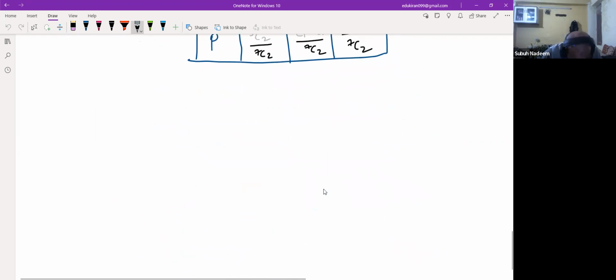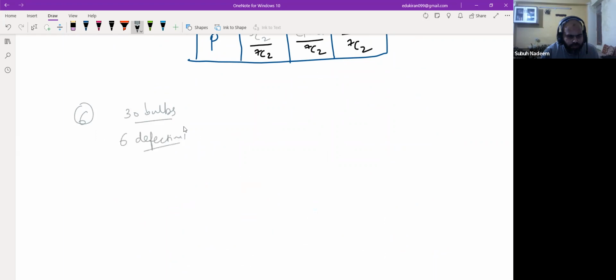Okay. 6 are defectives and you draw 4 bulbs. Find the probability distribution of the number of defective bulbs.